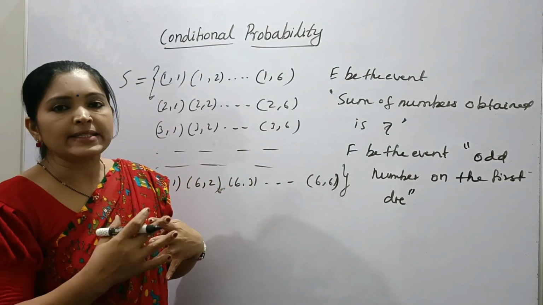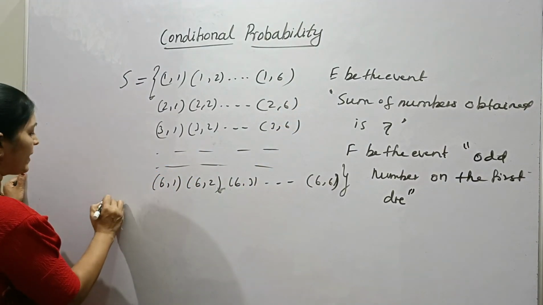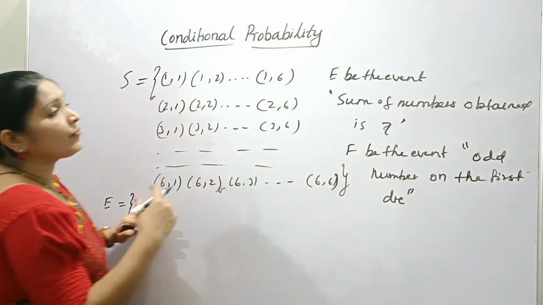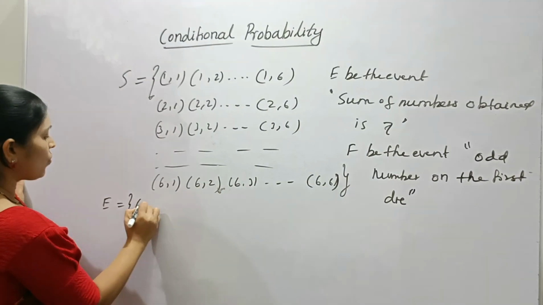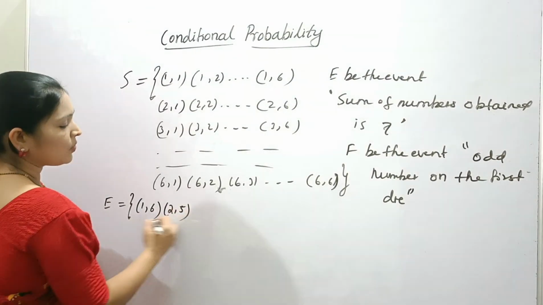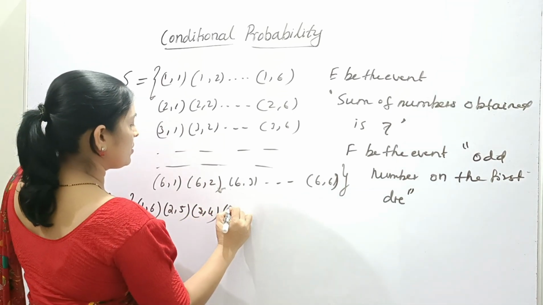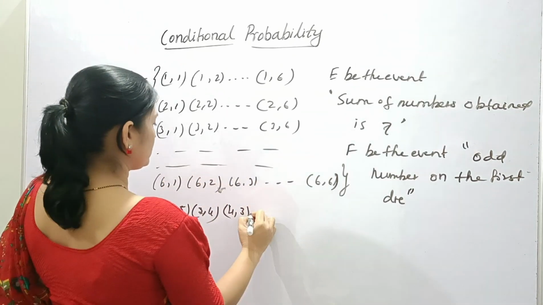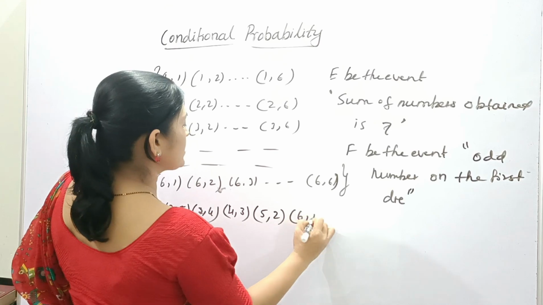So first of all, let's write the possible outcomes of E and F. The possible outcomes of E, where the sum of numbers obtained is 7, are 1 6, 2 5, 3 4, 4 3, 5 2, 6 1.